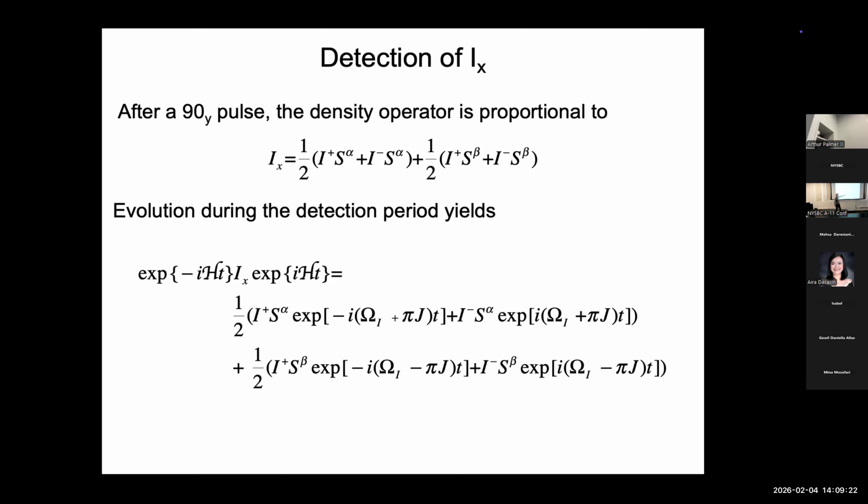And I minus requires a positive phase, which depends on the frequencies. That's a little bit confusing, so keep that in mind. The signs are crossed. Plus requires a negative phase, minus requires a positive phase. That's a little simpler than the evolution in Cartesian space, because then X turns to Y, Y turns to X, etc. So I've just written this all out. And this is the result of evolution during an acquisition period after a pulse.